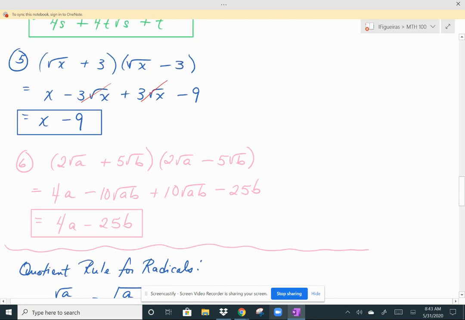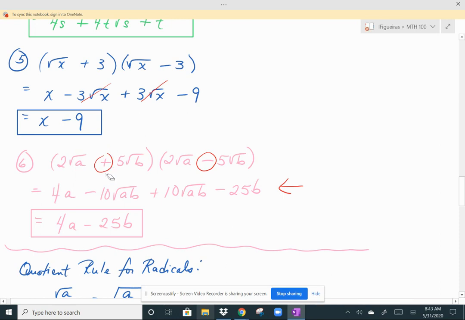This one's a little busier, but still they are conjugates. Same two expressions, one's being added and one's being subtracted. So first term is 4a, right? 2 root a and 2 root a is 4 root a squared, but that's just a. So that's 4a. Outer gives me negative 10 root ab.